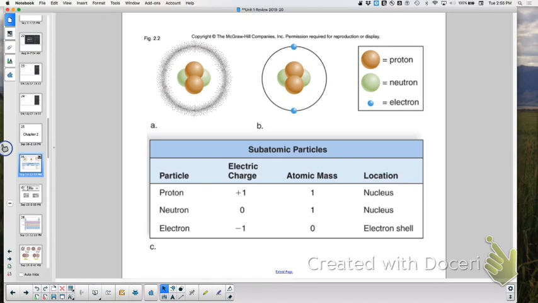The protons and neutrons are in the nucleus, atomic mass. The electrons are in energy levels. 2, 8, 18, 32. 8, 8, 8 is great. Octet rule, right? Now, when we talk about proton pumps, what is a proton?